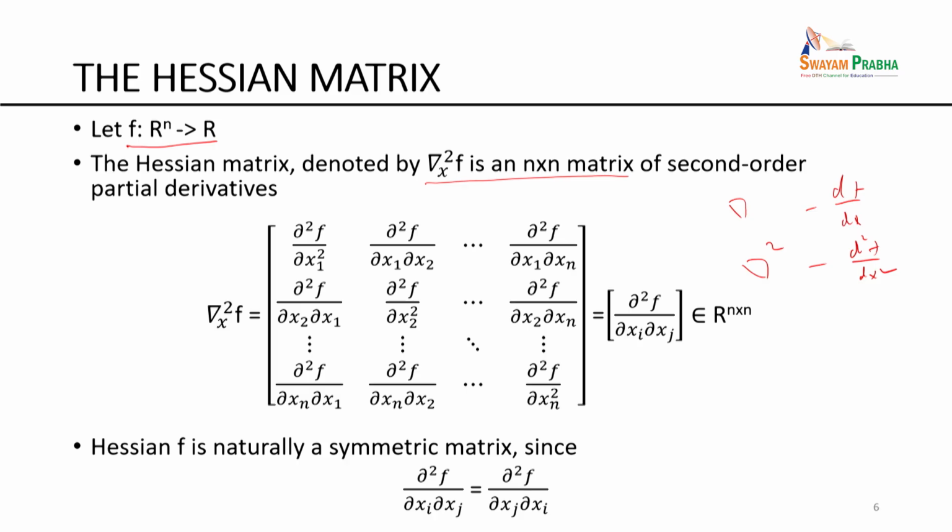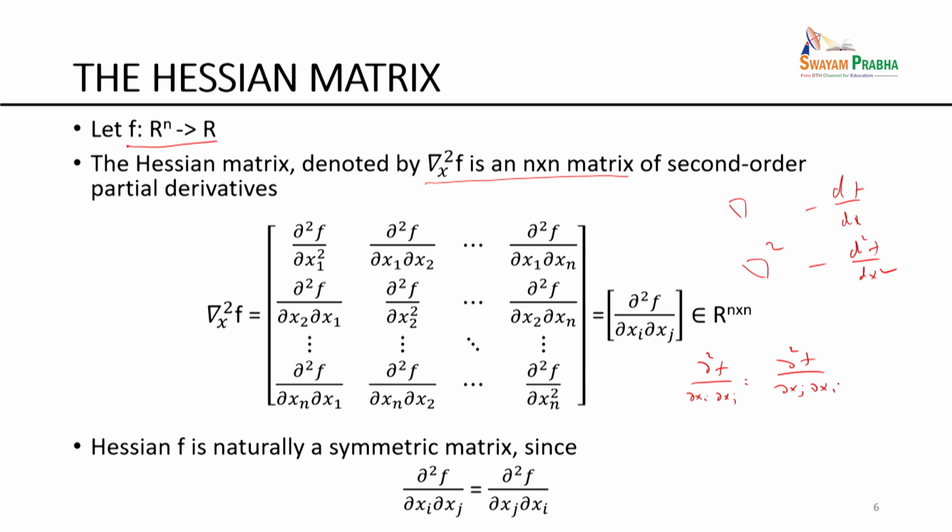And we all know, by definition, this is the matrix. The diagonals are the second derivatives of f with respect to x1, x2, x3. The off-diagonal elements are mixed derivatives. And we also know from basic calculus, if f is continuous, del square f by del xi del xj is equal to del square f by del xj del xi.